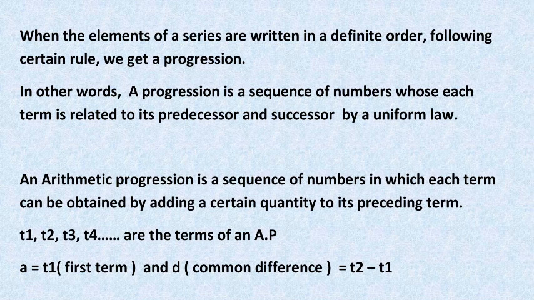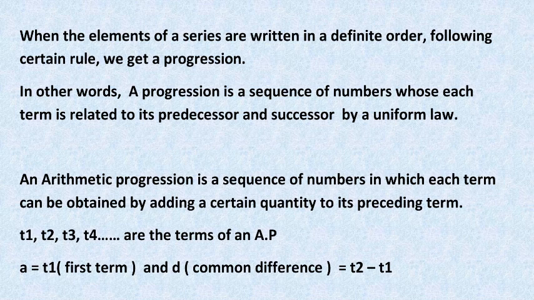A progression is a sequence of numbers whose each term is related to its predecessor and successor by a uniform law. That law is very important. Depending upon the law, we name what type of progression it is. This point will be clearer when you solve the problems of this chapter.